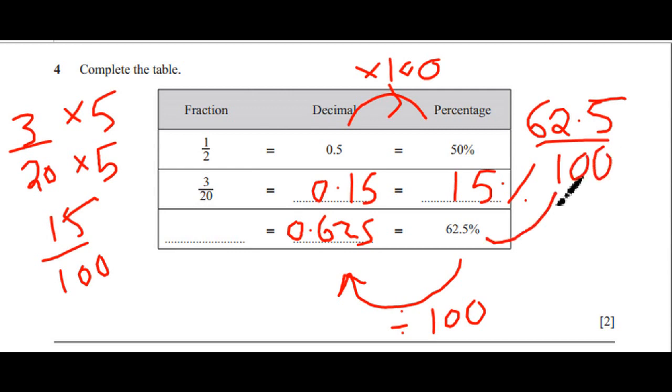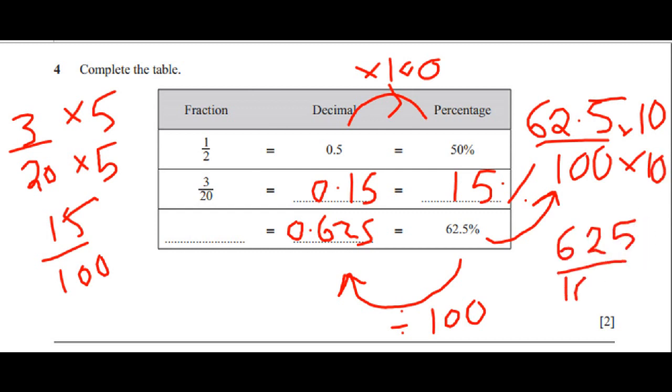Now multiply numerator and denominator by 10 to get rid of the decimal. We get 625 over 1000. When you cancel the numerator and denominator by the same number, keep dividing it with the same number, in the end you'll get 5 over 8.